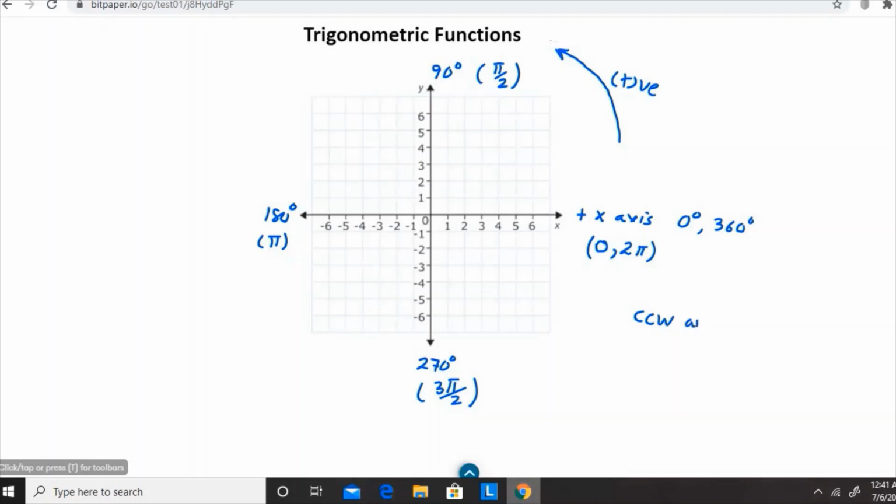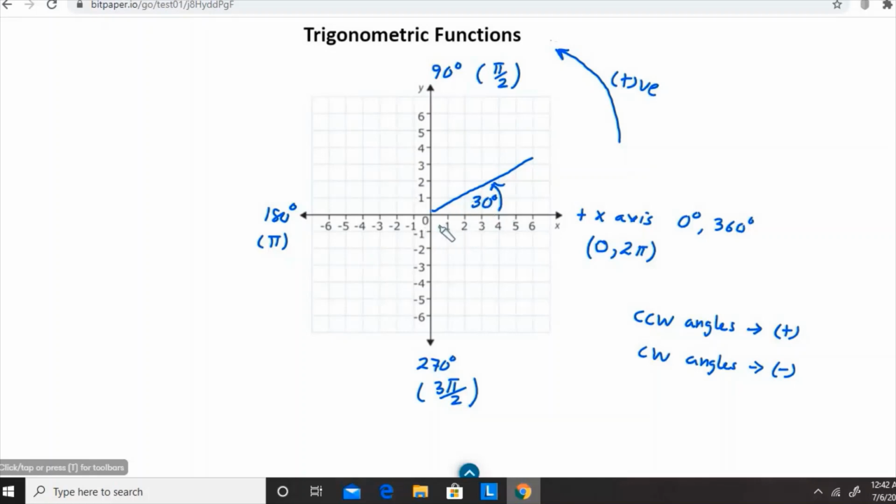So again, an important convention, counterclockwise angles are considered positive. Clockwise angles, they are considered negative angles. So for example, let's say that in the first quadrant I am measuring an angle, and let me call this 30 degrees from the positive x-axis, and you can see it's a positive number.